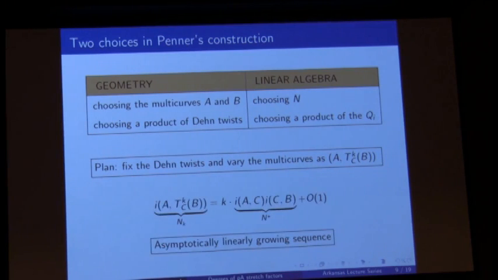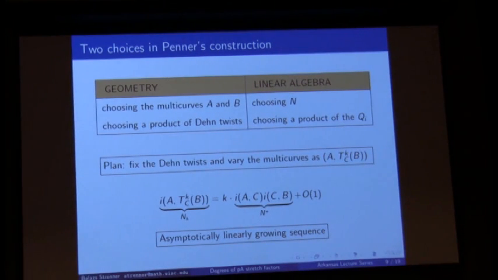And it turns out that the intersection matrices of these red and more complicated blue curves have a really nice property, and that is that their intersection matrix is asymptotically linearly growing. So they become more and more entangled in a well-controlled way.